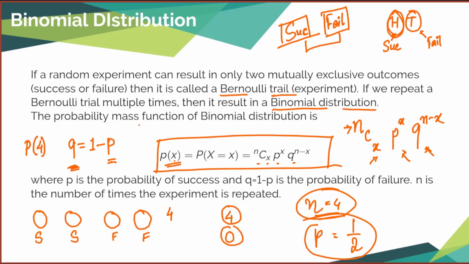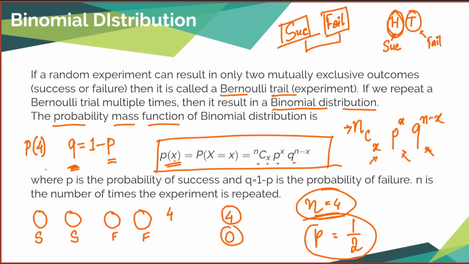Now this formula is called the probability mass function. In very simple words, the formula that is used to find the probability of a discrete distribution is called the probability mass function.